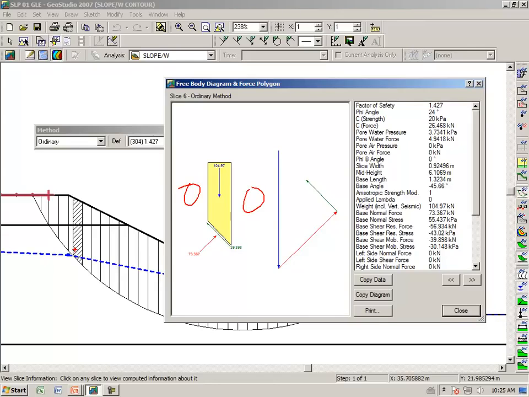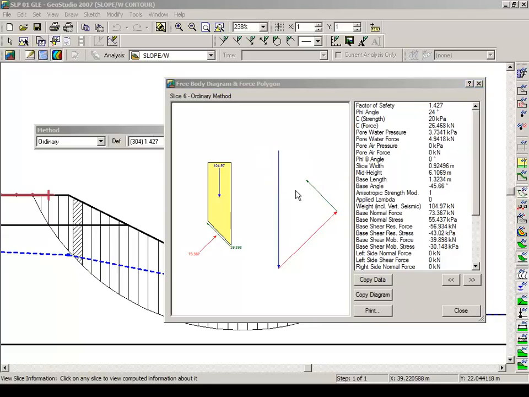As a consequence, you will see that we have poor force polygon closure. And if the force polygon does not close, this means that the slice is not in force equilibrium.